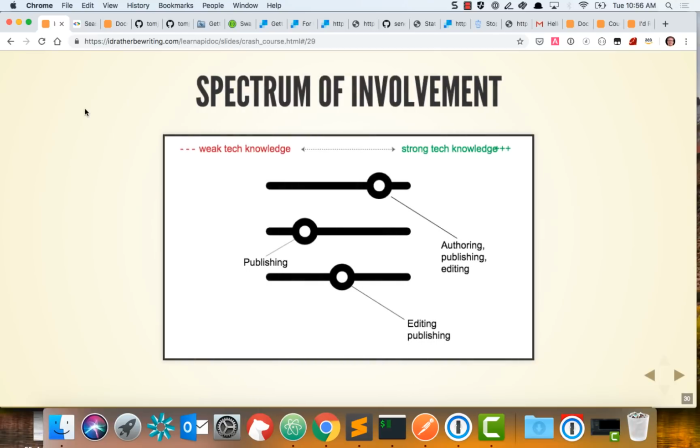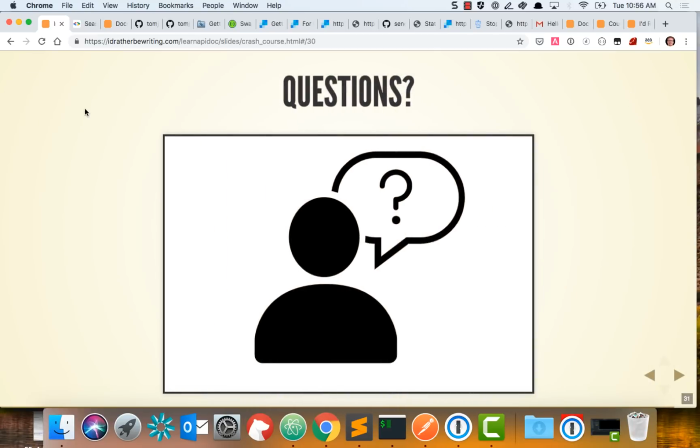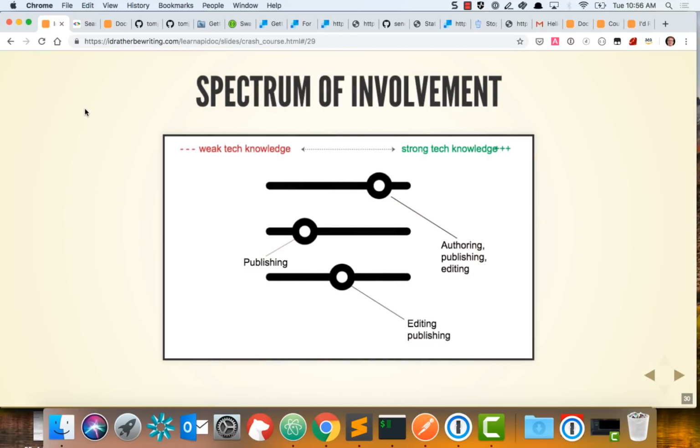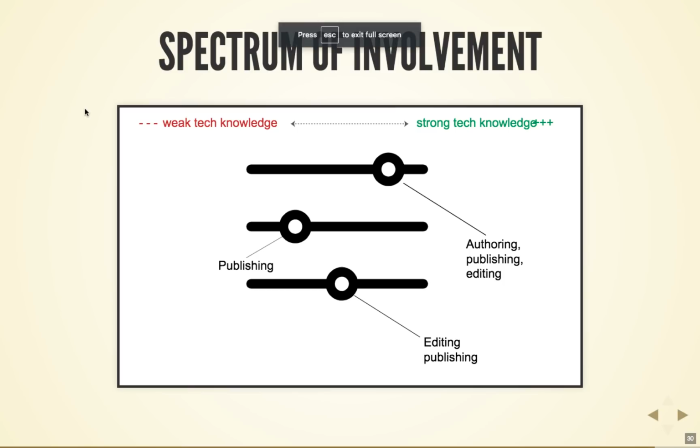I think I'm just going to jump down here to the end. One last slide. The level of involvement you can play in API docs really depends on a few things, right? If you've got super strong technical knowledge, you can do both authoring, publishing, and editing.